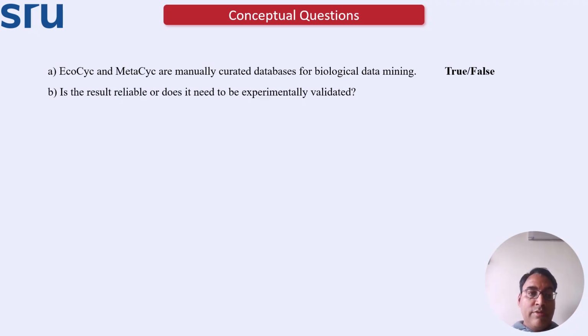Okay, are the results reliable, or do they need to be experimentally validated? Of course, there is a need to do experimental validation. The reason is whatever answers we are getting here, there is always a need to proofread the things that we are getting.